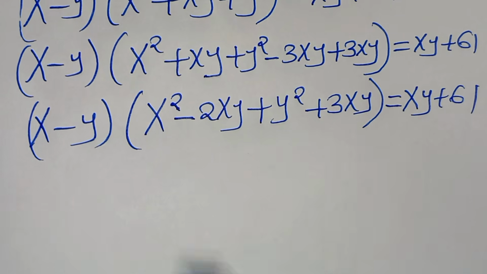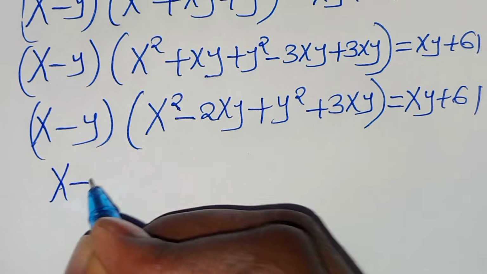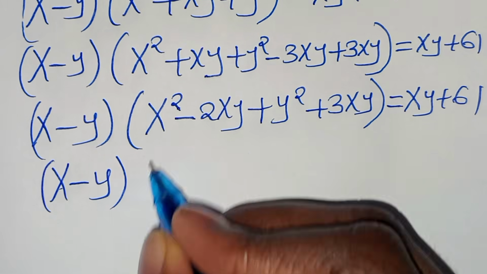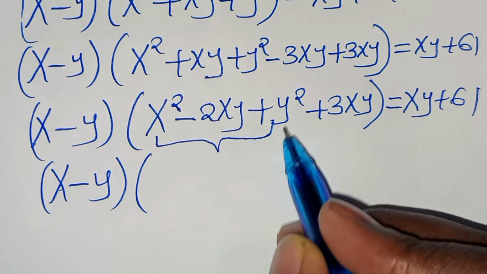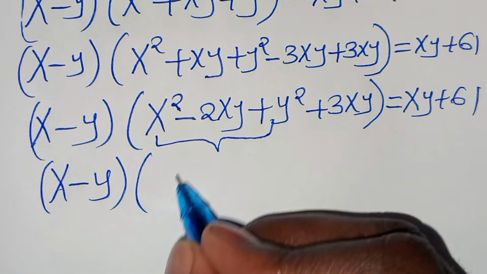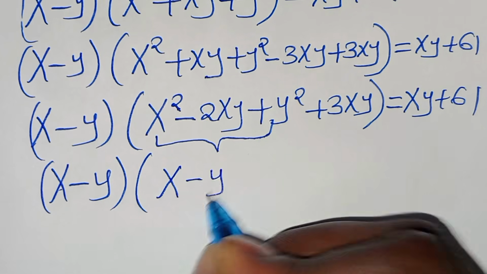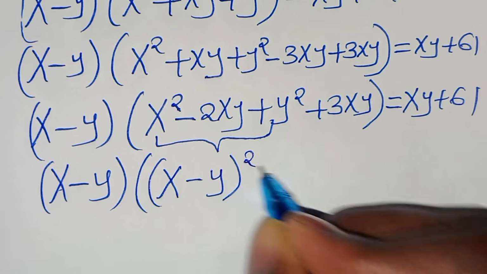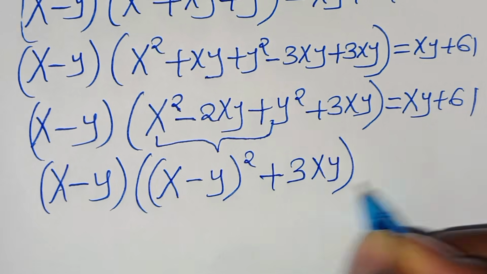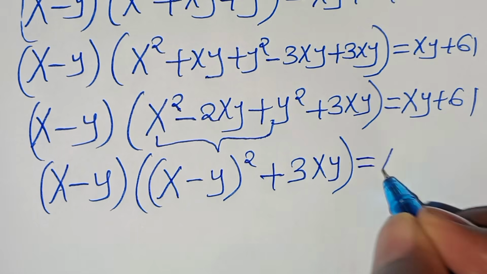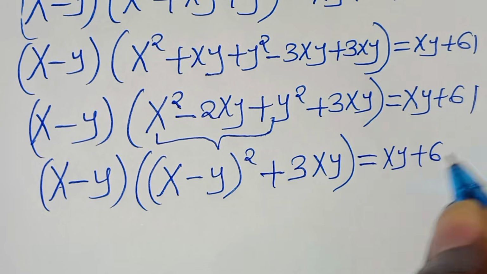The next step is that we have (x minus y) times (x squared minus 2xy plus y squared, which can be expressed as (x minus y) raised to the power of 2, then plus 3xy), equal to xy plus 61.